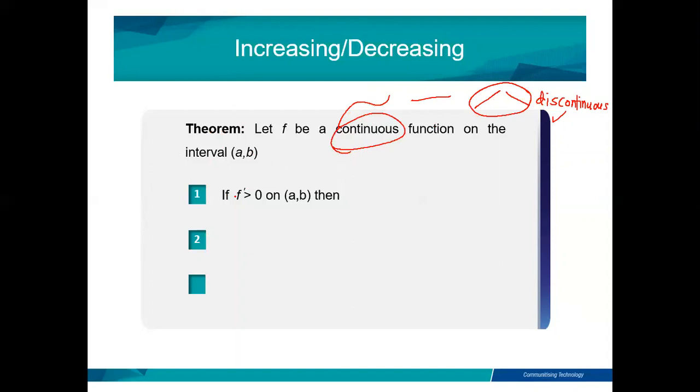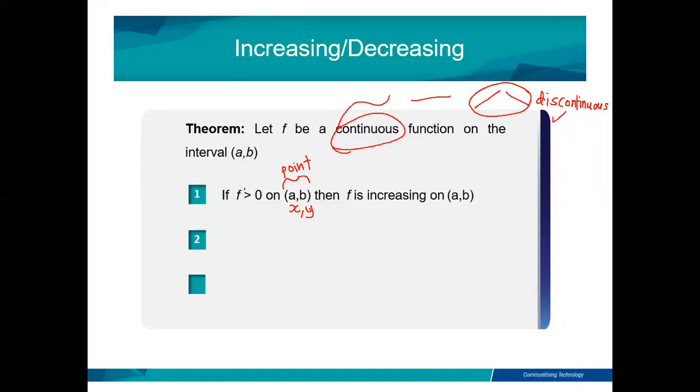Let's see the first theorem. If f prime is greater than 0 on the interval AB, what is the interval AB? We call it AB, where A is a point on the x-axis and B is a point on the y-axis.